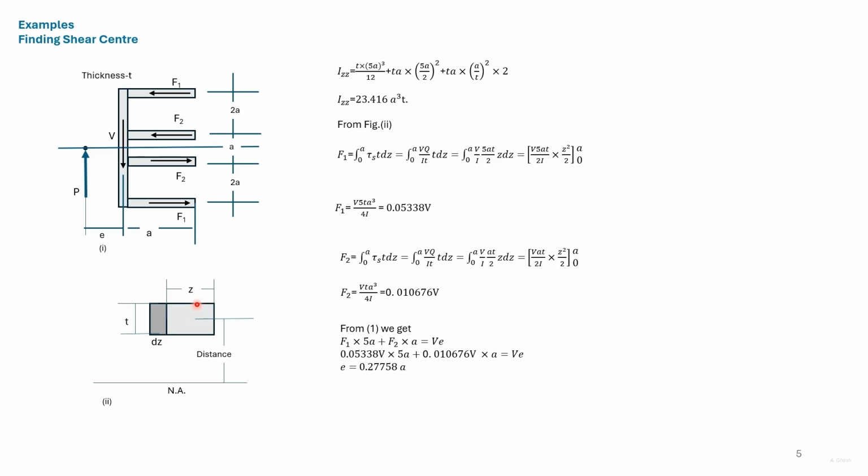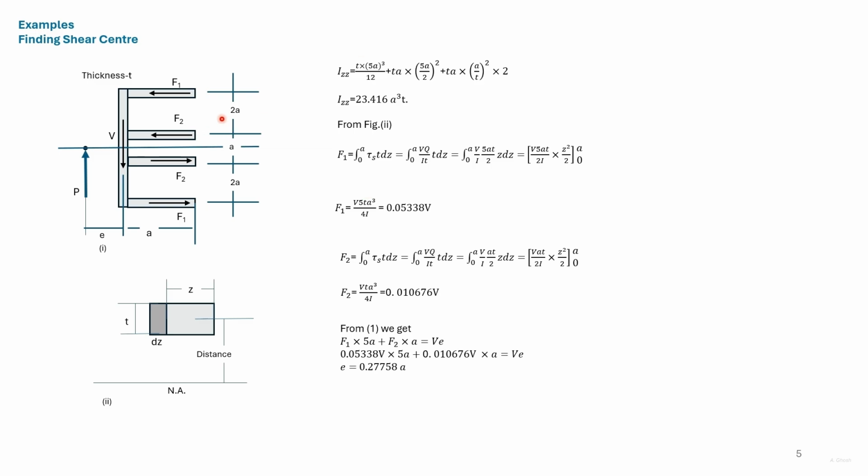So the area is zt and the distance is 2.5 a. We have substituted Q. This portion is constant and we integrate z dz to get z square by 2. Substituting a for z and the Izz, we get the value of F1.